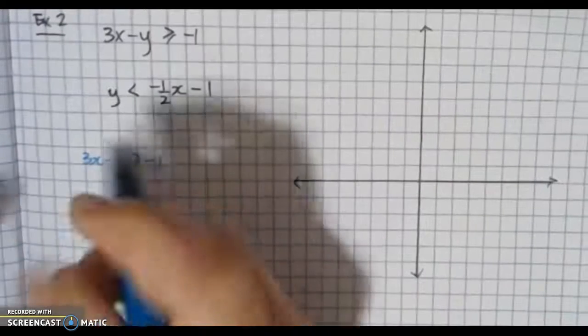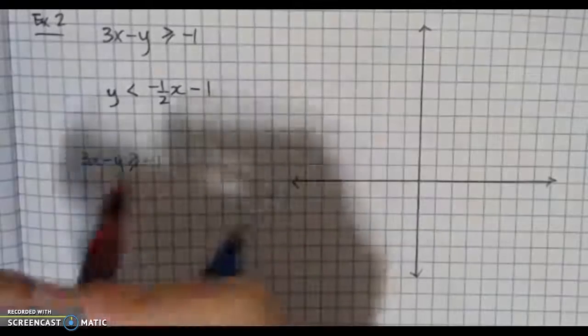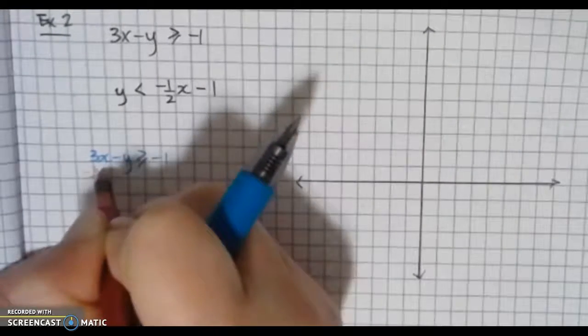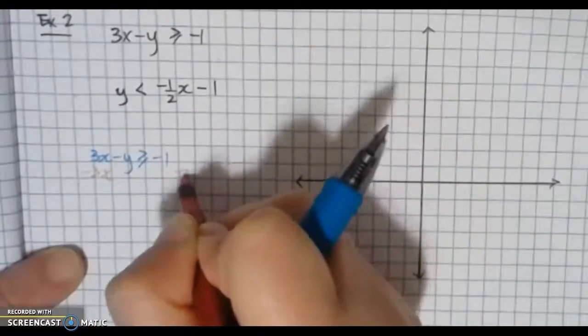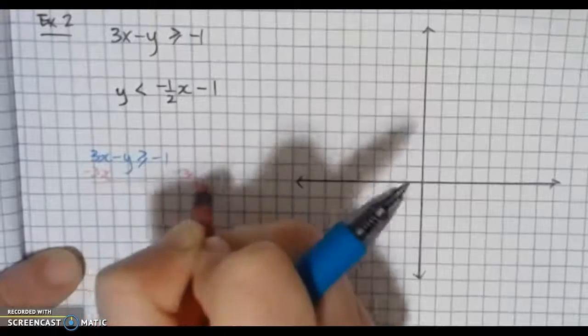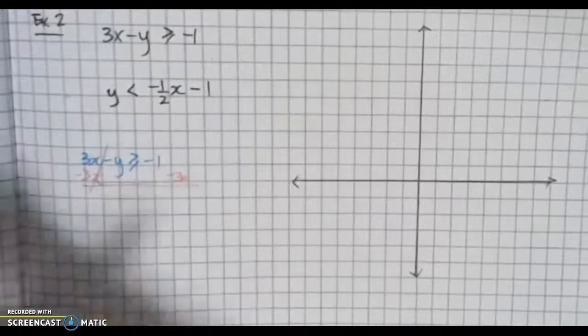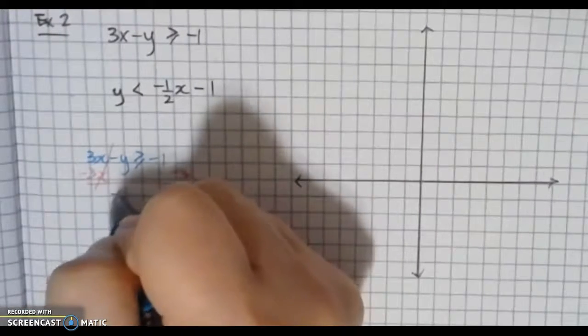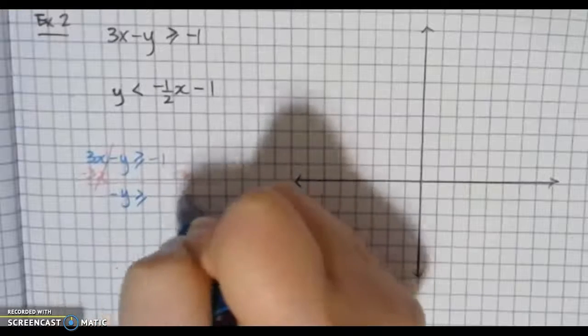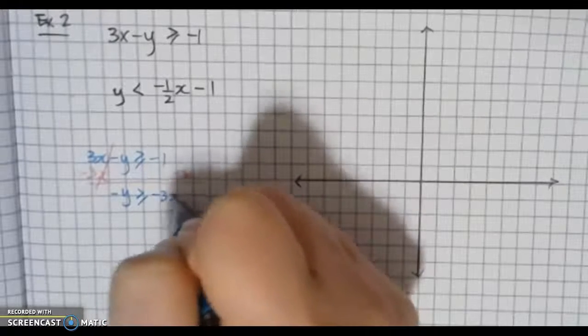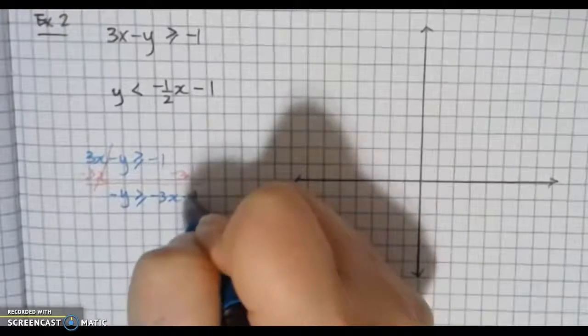So we need to subtract this 3x first. So we're going to subtract 3x from both sides, which makes this go away, and you're left with negative y is greater than or equal to -3x minus 1.